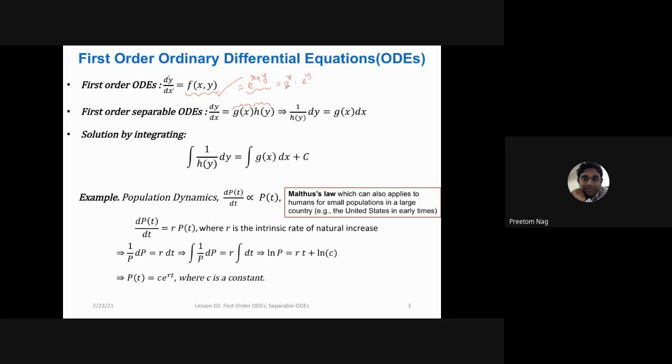Then you can see e to the power x is g of x, right? And e to the power y is h of y. Okay, ঠিক আছে? And after that, what will you do? So আমরা y related যে টার্মগুলো আছে সেগুলোকে লেফট সাইডে নিয়ে আসবো, and x related যে টার্মগুলো আছে সেগুলোকে রাইট সাইডে নিয়ে যাব. Okay, so this is what we call the first order separable ODE.